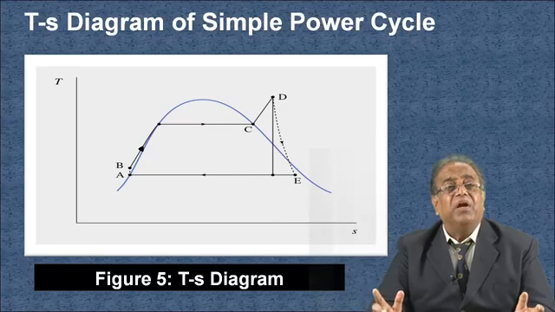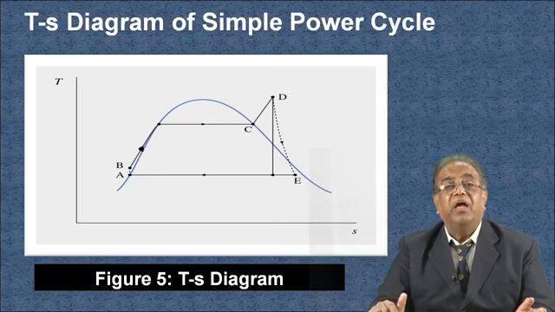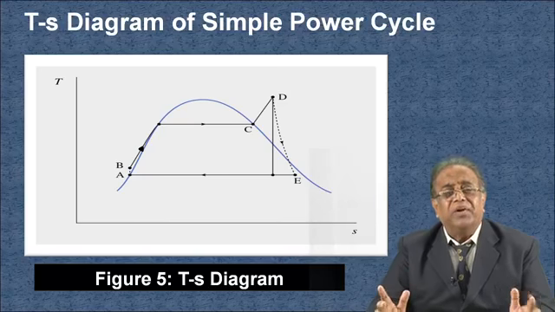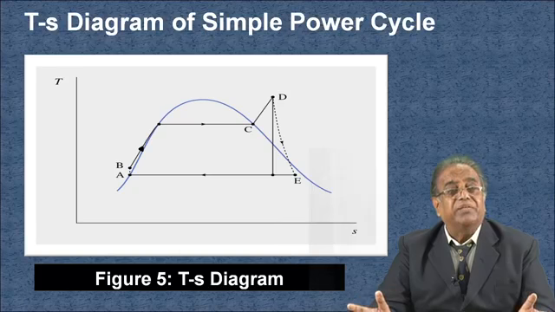But there is a vertical line from D to the point connecting to the horizontal line in the cyclic process. The vertical line represents the isentropic process, that is, the entropy is constant.